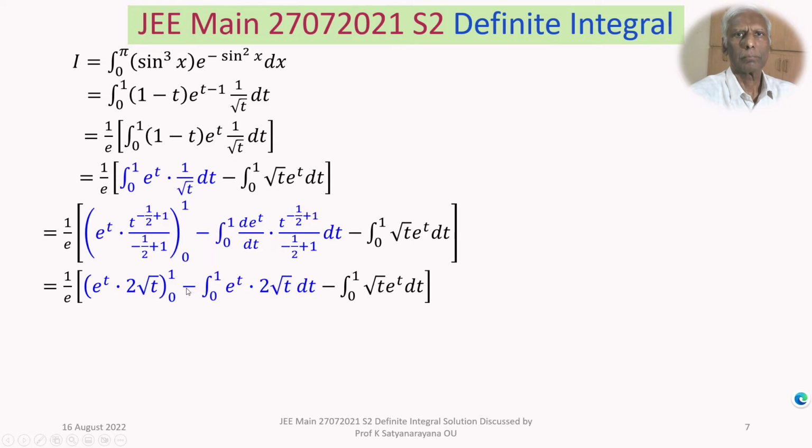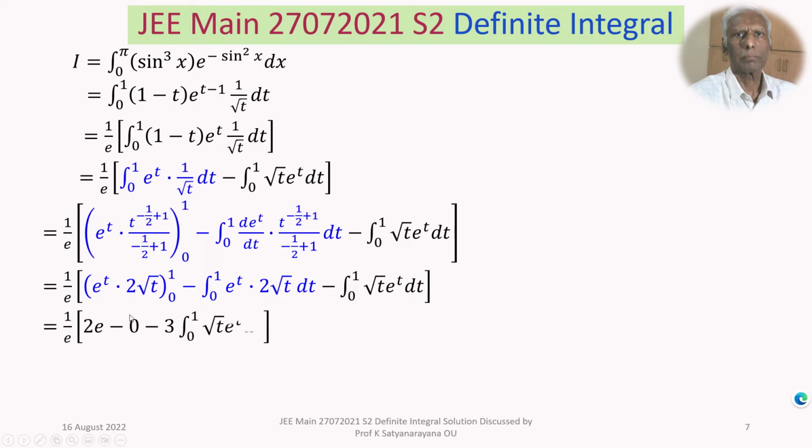And this one is minus integral 0 to 1 derivative of e power t is e power t, and this is 2 root t e dt, and this is one and the same, except that this is 2 times of this one. And when you add, this becomes 3 times of this integral 0 to 1 root t e power t dt, and this is to be evaluated.